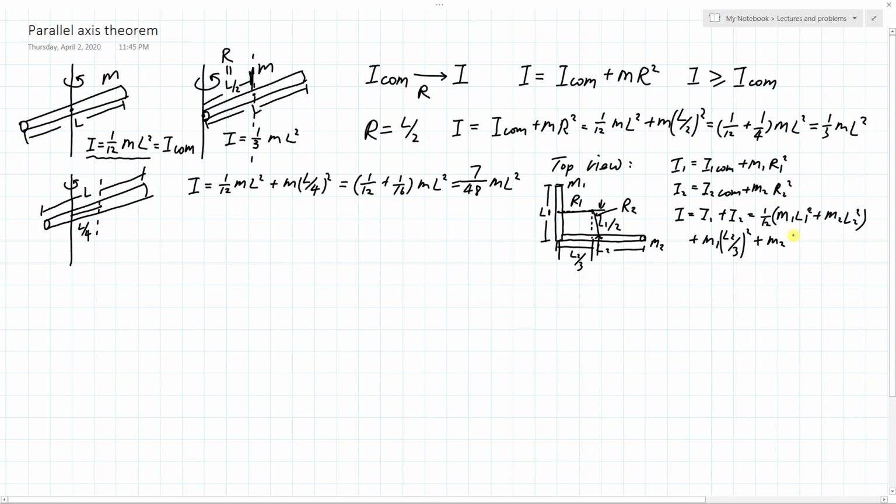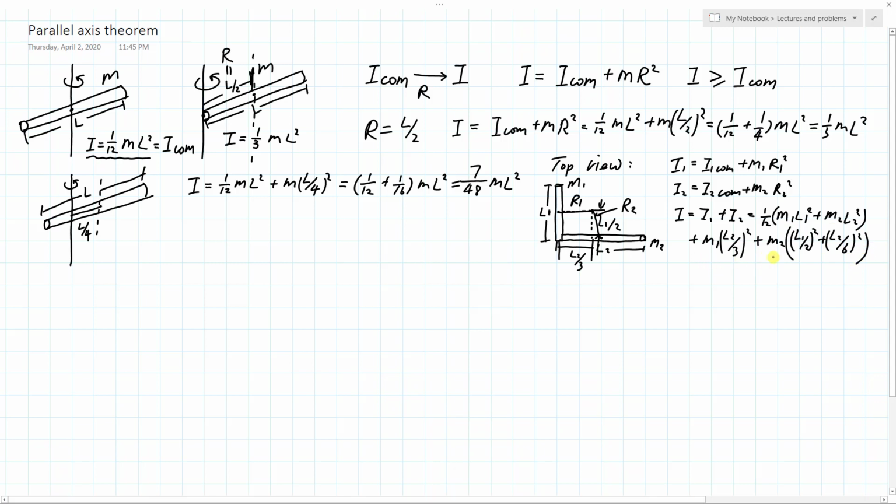So this R2 is here. Let's put in L1 over 2 squared, which is the vertical movement, and then the horizontal movement over here. You're going from 1/2 to 1/3. You need 1/6. So plus L2 over 6 squared. Let's put bigger parentheses.